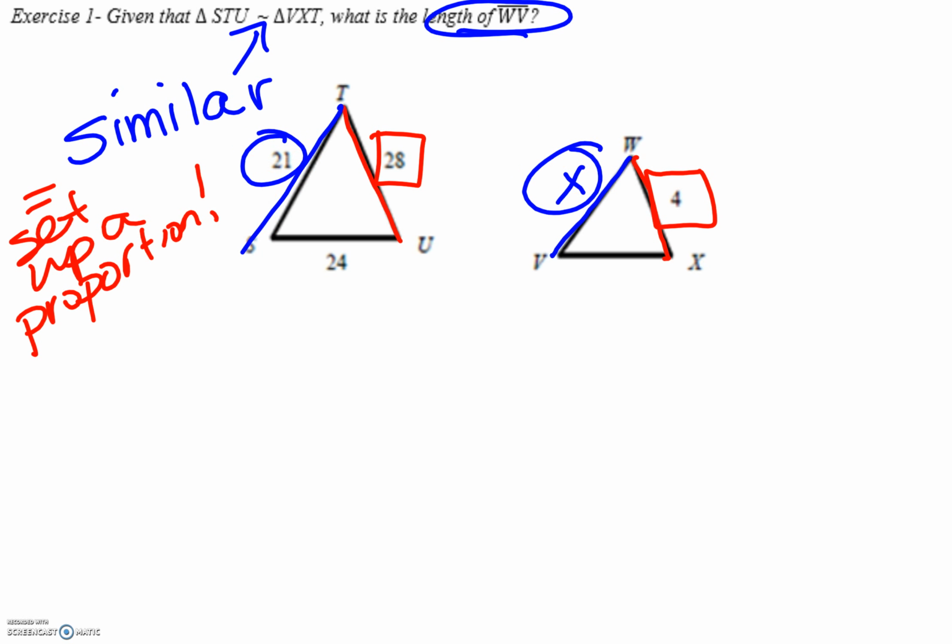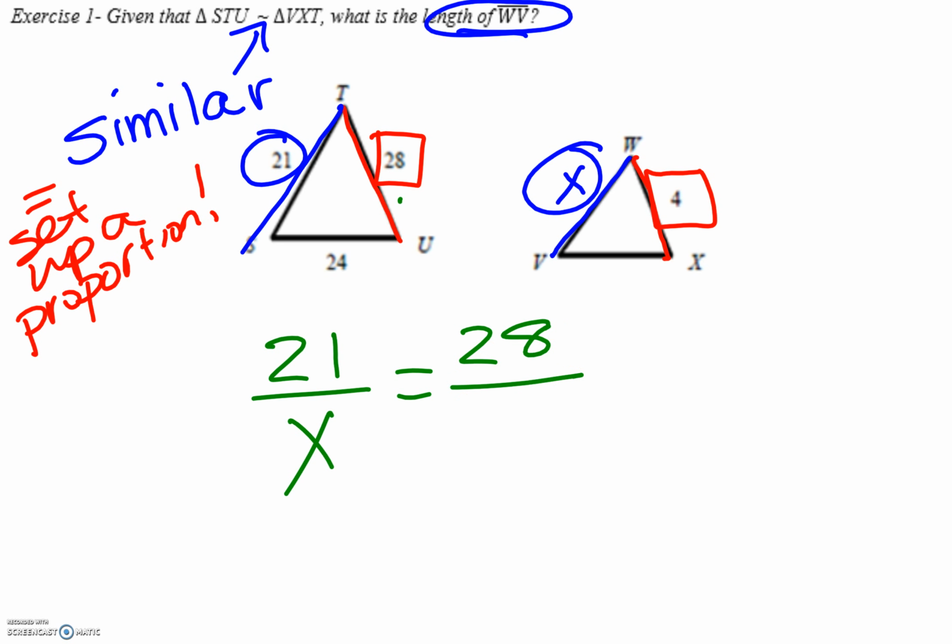So let's set up a proportion. 21 over x, because we did the left side of the left triangle over the left side of the right triangle, is equal to the right side of the right triangle over the right side of the right triangle. And in order to solve this proportion, we must cross multiply.